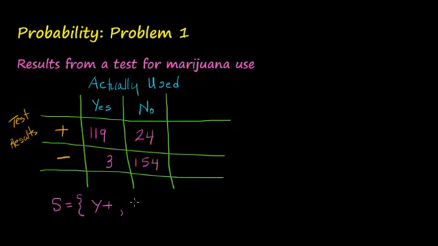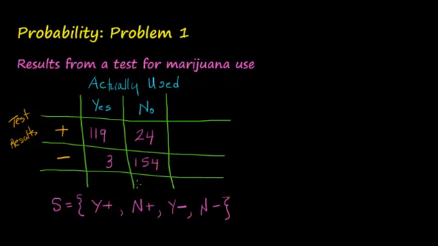Or, no, they did not use, but they tested positive. Or, yes, they used, but they tested negative. Or, no, they did not use, and they tested negative. So those are the possible outcomes for each individual person that has this test run.